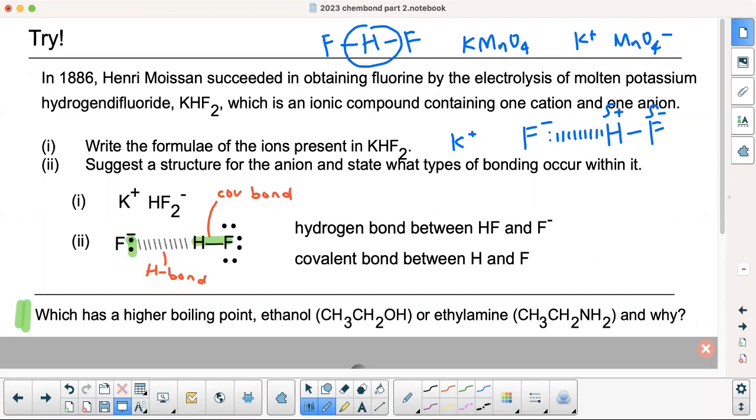Last week we talked about extensiveness of H bonds and we talked about strength of H bonds. So I'm going to apply it.